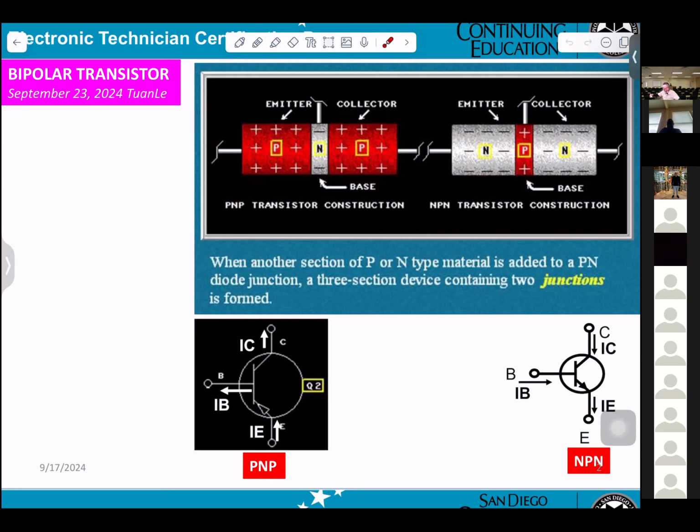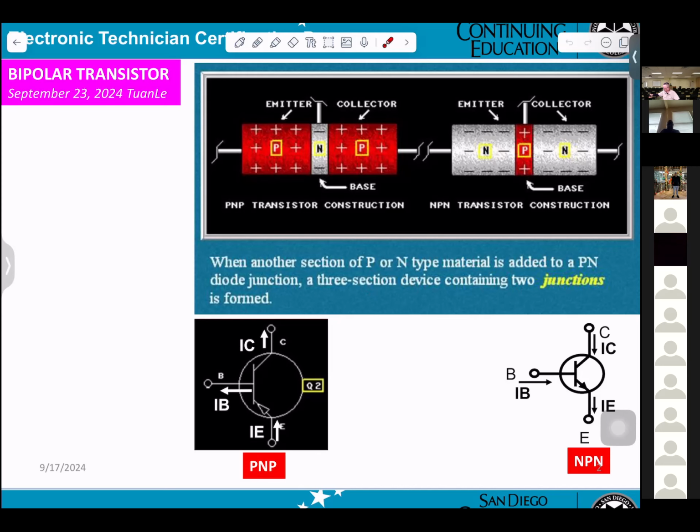When another section of P or N type material is added to a PN diode junction, a three-section device containing two junctions is formed. You understand the diode, okay?